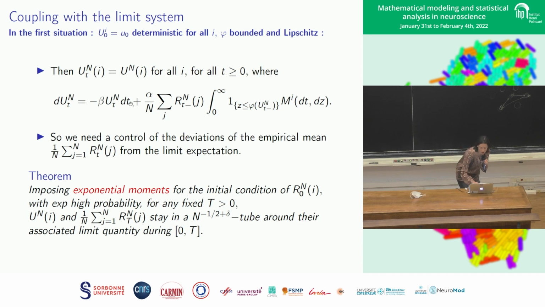And this happens with exponentially high probability, which means the probability that this is not true would be smaller than exponential minus n to some power times a constant.